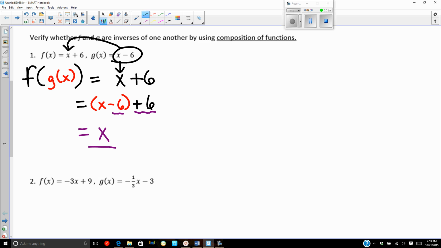We then need to check g of f of x. This time we are going to start with the g function, which is x minus 6. We start with the g function because g is written first.